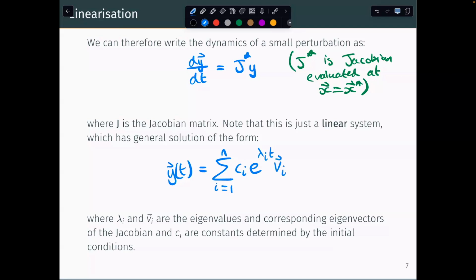If you sum together all of these different terms, this is the general solution of this linear system. So that's why it's nice, because we can write down the solution straight away.